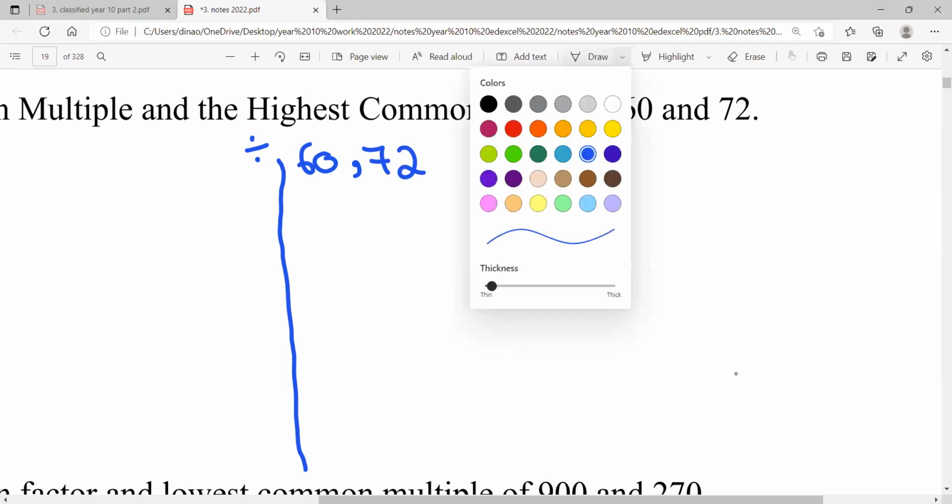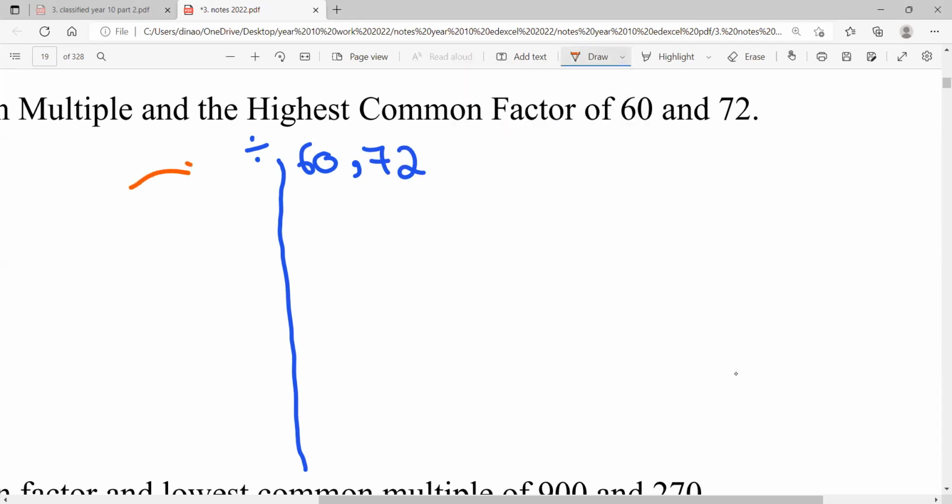On the left hand side of my column, I use prime numbers only. I use prime numbers only. Soon you will know why I emphasize this point about prime numbers. Now what are the keywords of HCF? Let's write them so we remember them. The keywords of HCF are both and same.